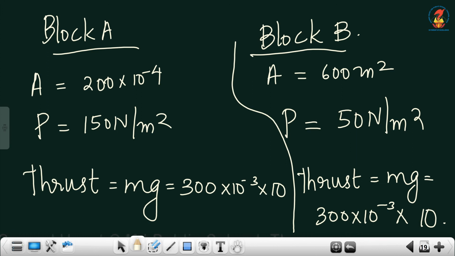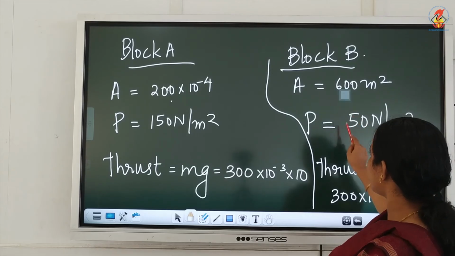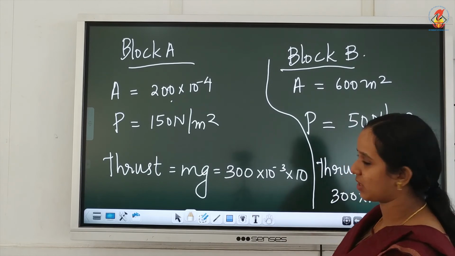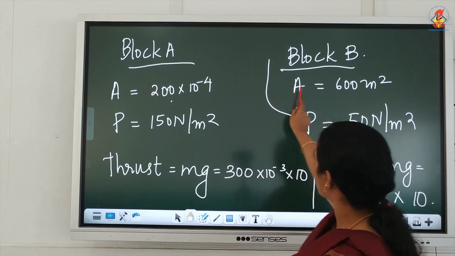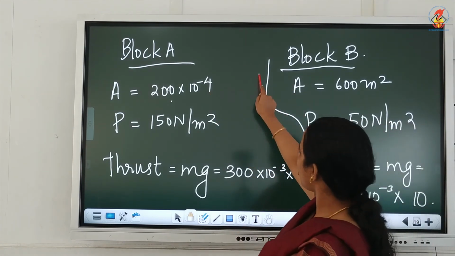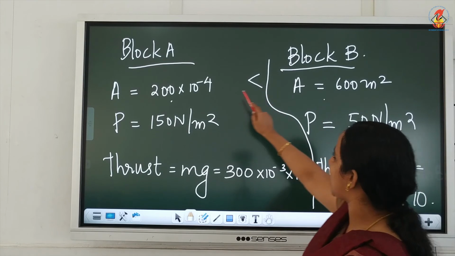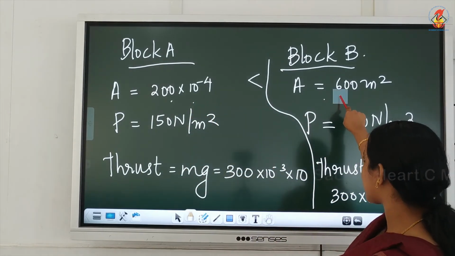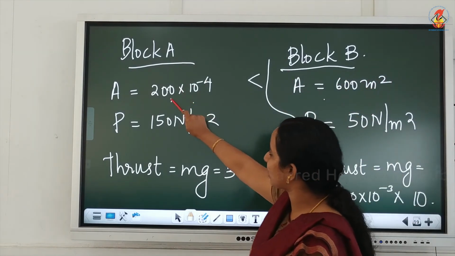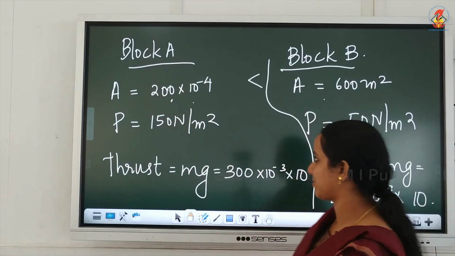Just see, here area was 200, pressure is 150. Here area is 600, pressure is 50. So compare the area of block A and block B. Area of block B is greater than area of block A. Block B has an area of 600, while block A only has an area of 200.